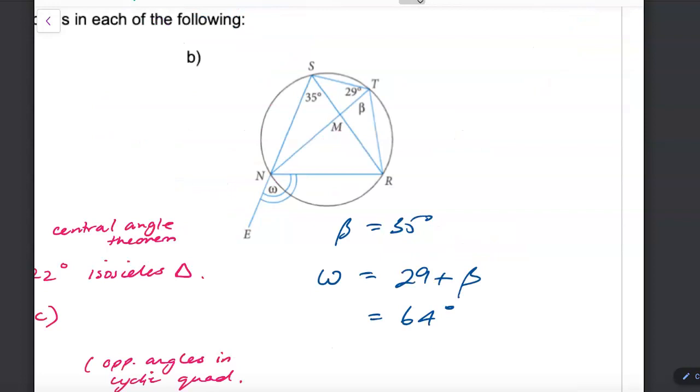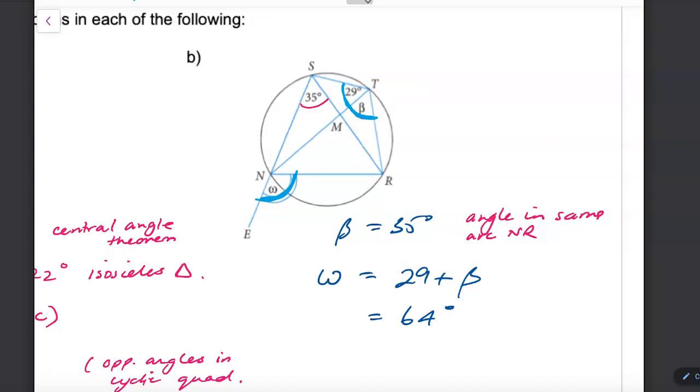In part 1b, we can see that we've got beta being 35 degrees, and that's because it's an angle in the same arc, and that arc is NR, and we can see that it's the same as the angle at S. And our other unknown is going to be 29 degrees plus beta, and that's because the external angle equals the interior opposite angle.